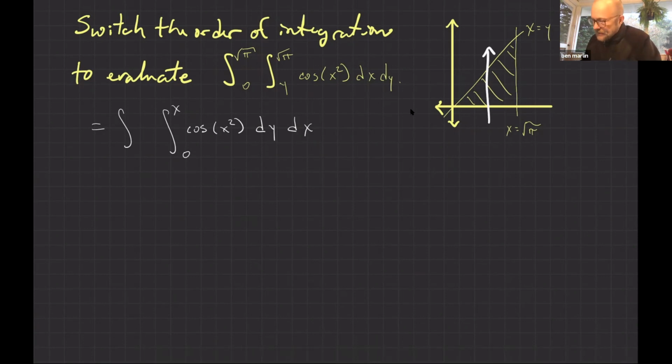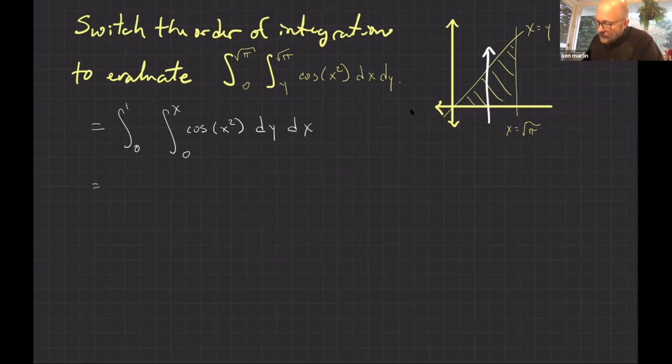So, all right. Once we've got the limits going 0 to x there, then we just have to say to ourselves, where does x go between? And x goes between 0 and 1.